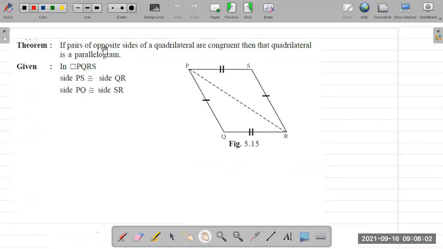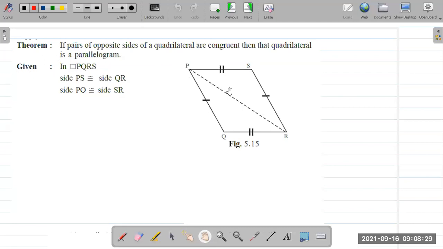The first one says, if pairs of opposite sides of a quadrilateral are congruent, then that quadrilateral is a parallelogram. So given a quadrilateral, look at this symbol, this is the symbol of a quadrilateral.